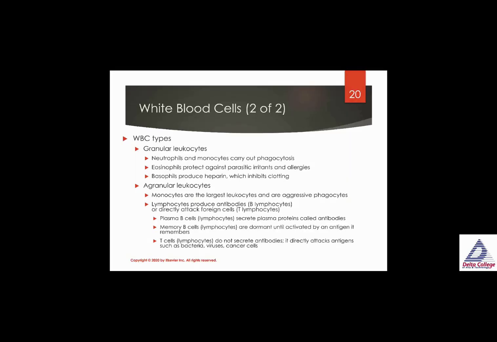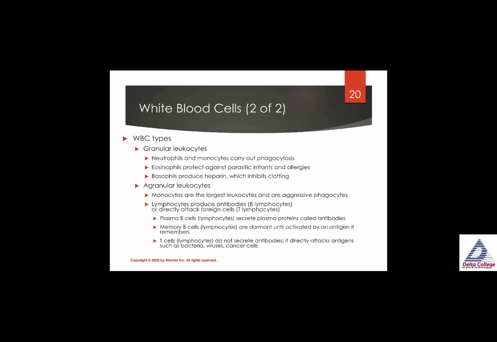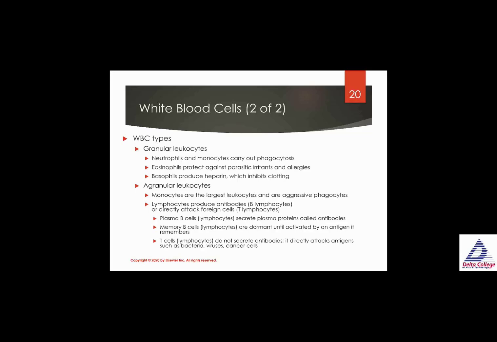And then lymphocytes produce antibodies. B cells, or B lymphocytes, secrete plasma proteins called antibodies, while T lymphocytes directly attack foreign cells. So B cells, antibodies. Then we have memory B cells.